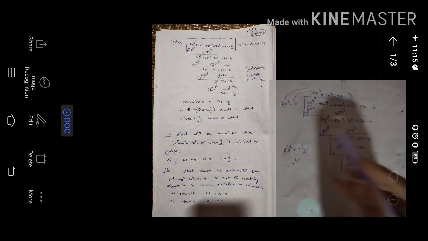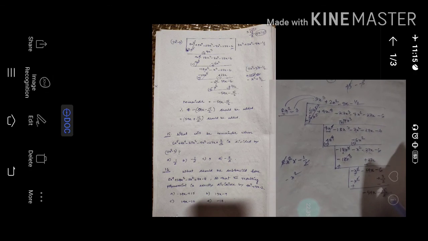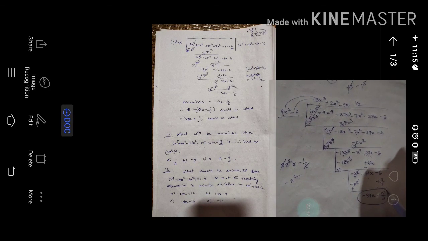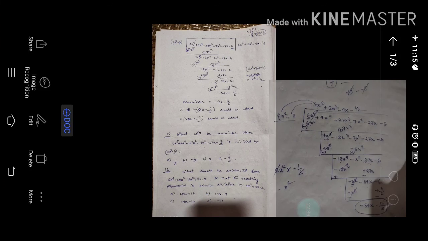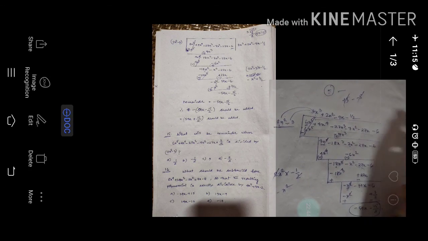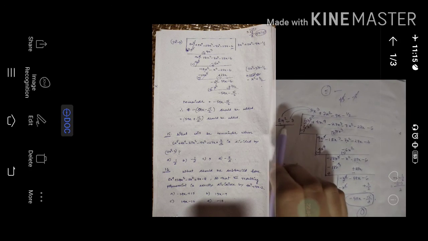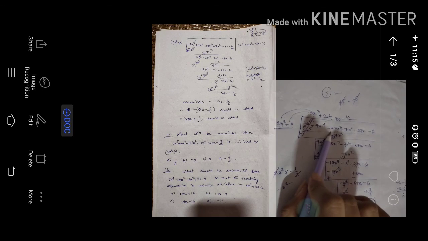Okay, so here your divisor is this one, quotient is this one, and your remainder is this one. So you are getting a remainder, that means this term is not a factor of that dividend, because the remainder should be 0, then only you can say that this divides these terms.